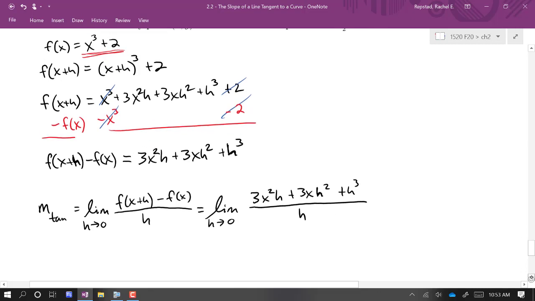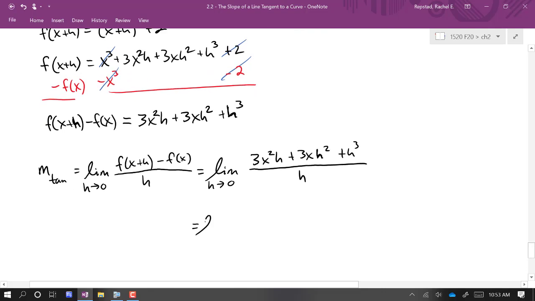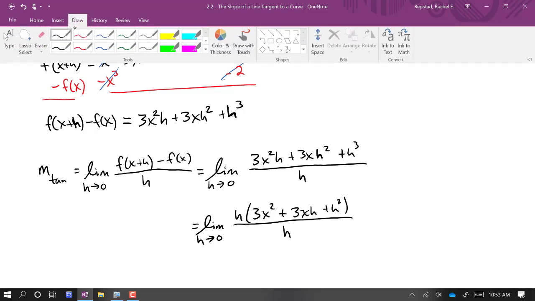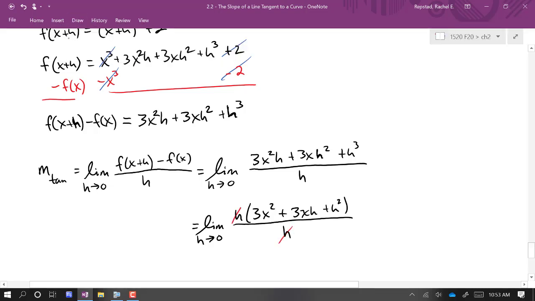We could factor out an h from the numerator. Now we can cancel those h's.